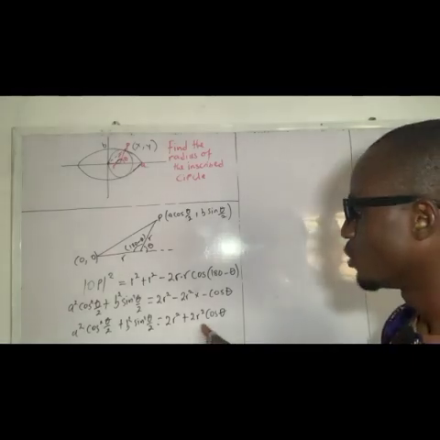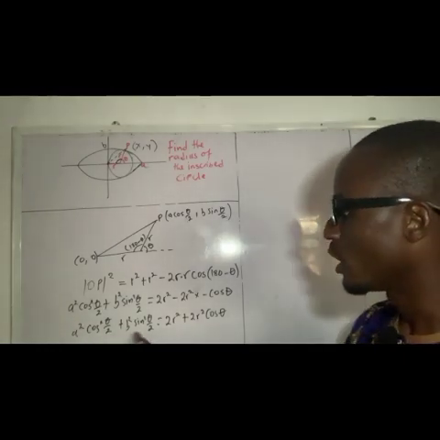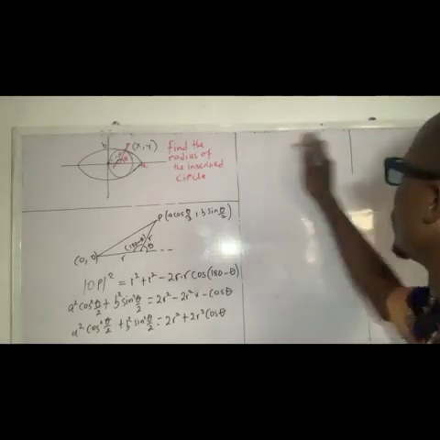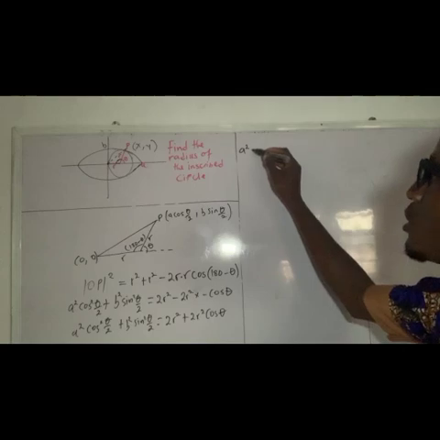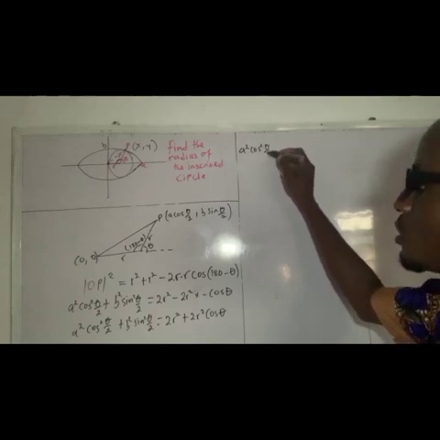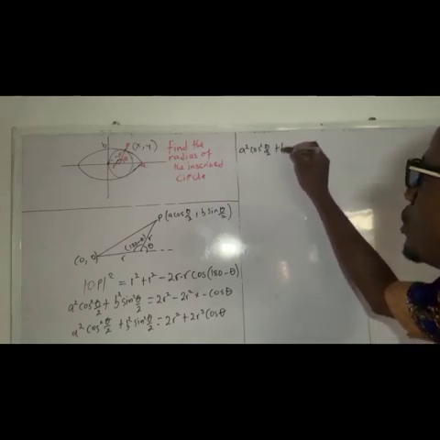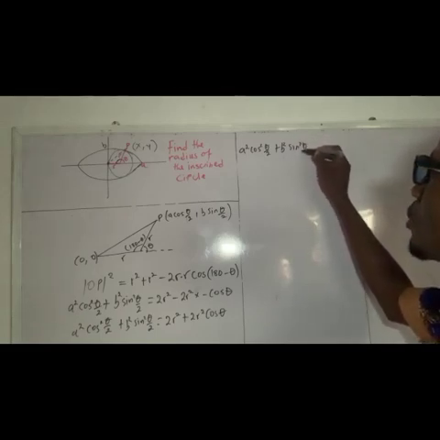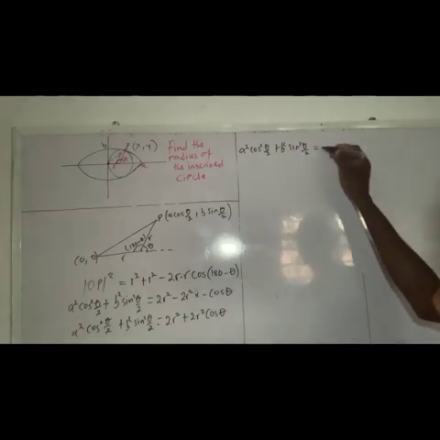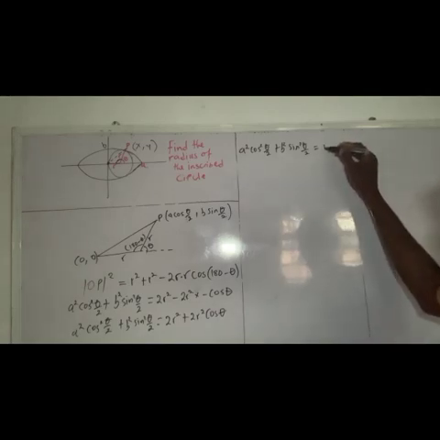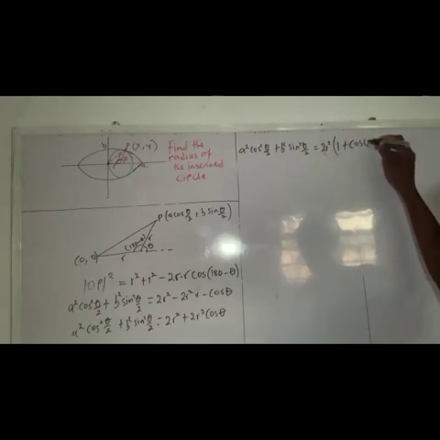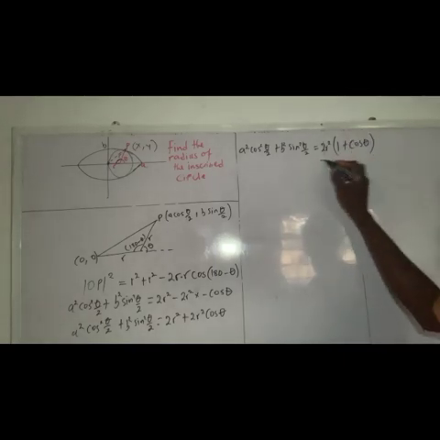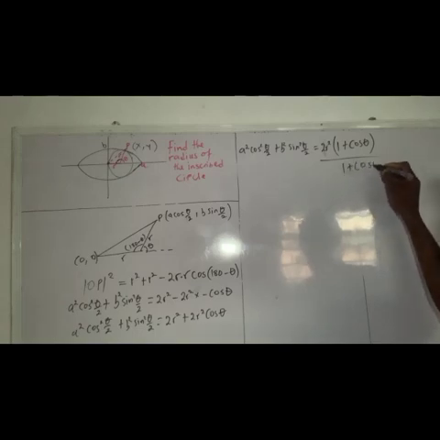What next is we have to factorize here and simplify everything together. So we have a squared cos squared theta over 2 plus b squared sine squared theta over 2 all equals, if you factorize here, 2r squared is common, then you'll be left with 1 plus cos theta. Okay, good. So then we can divide both sides by 1 plus cos theta.